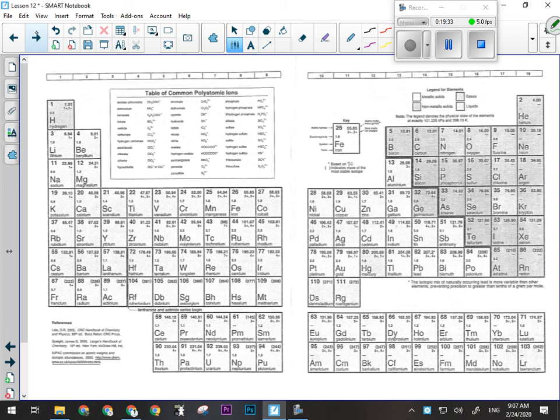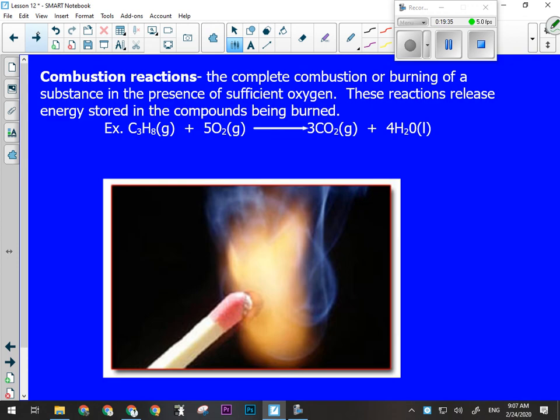All right, now, this is where things get a little crazier. Combustion reactions. In a combustion reaction, we have what we call a hydrocarbon, which is a compound containing carbon and hydrogen, reacting or burning in the presence of oxygen.